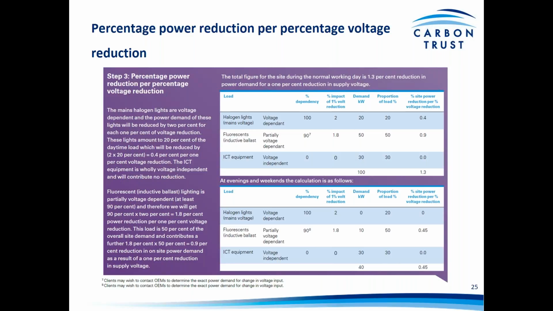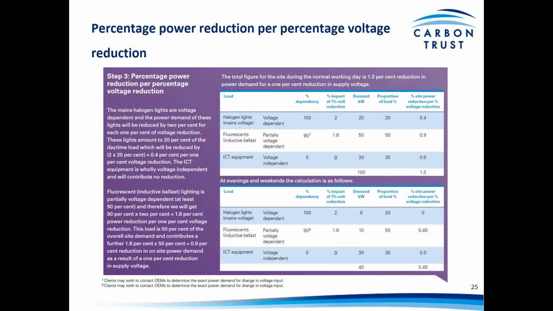On the slide here, we can see first of all that we have the mains halogen lights, which are voltage dependent. The power demand of these lights will be reduced by 2% for each 1% of voltage reduction, going back to the formula that we looked at earlier.